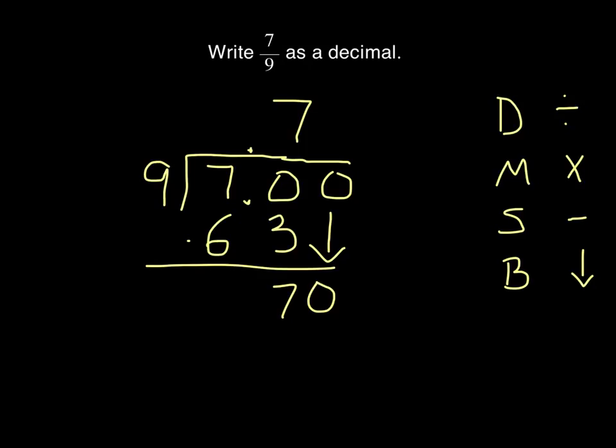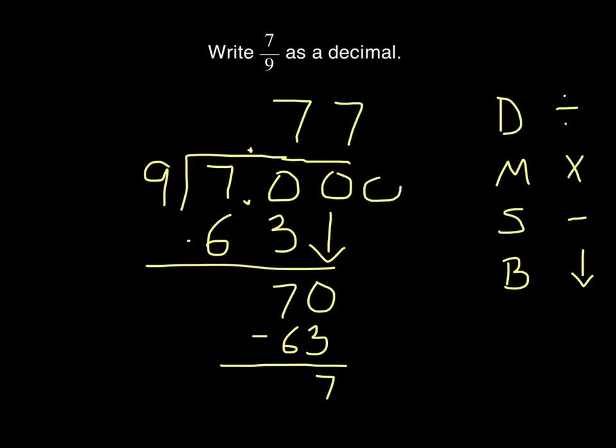Okay, so now I'm back up here to the dividing part. How many times will 9 go into 70? And there again, it's going to be 7. I divided, now I multiply. 7 times 9 is 63. Now I'm going to subtract, and that leaves me with 7.